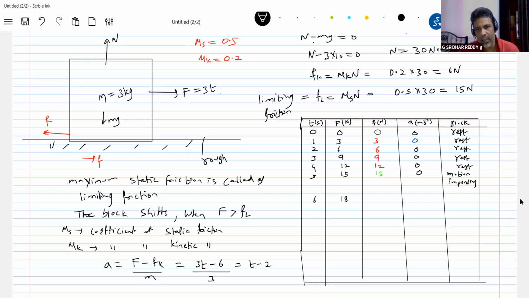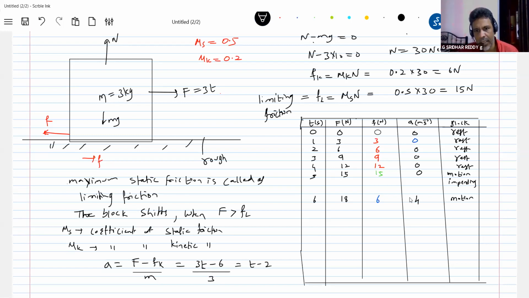Okay, let's come to what friction will act, because the applied force is greater than limiting friction. The friction acting will be kinetic. How much kinetic friction? 6 Newton. Try to see this. This will be 6 Newton. What is the acceleration? T equal to 6, you substitute. 6 minus 2 will be 4. The acceleration will be 4 meter per second square. And what is the state of the block? In motion.